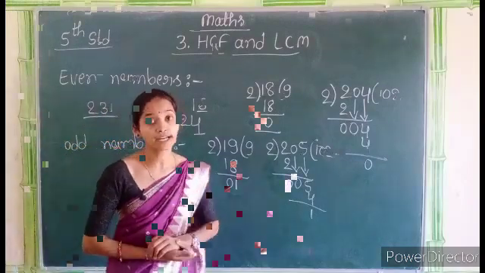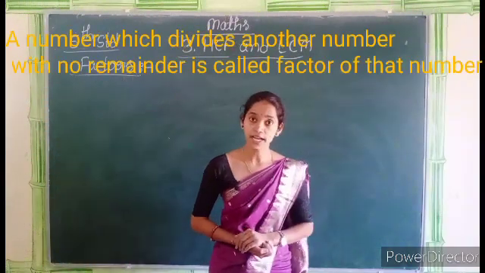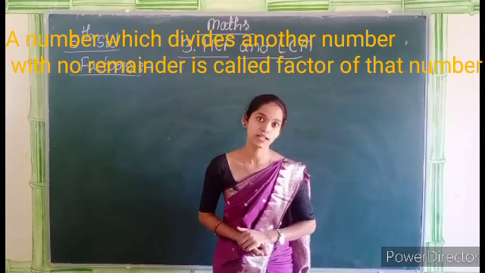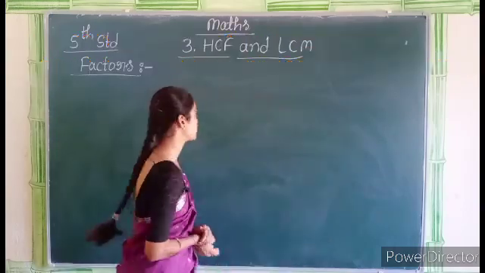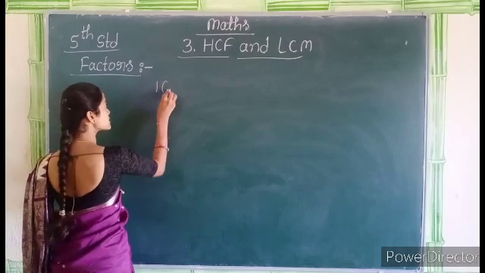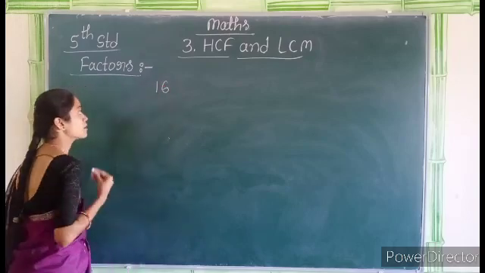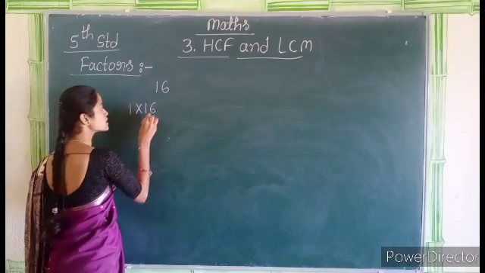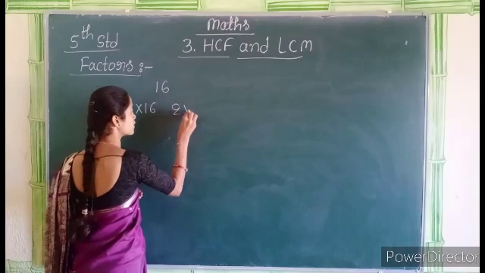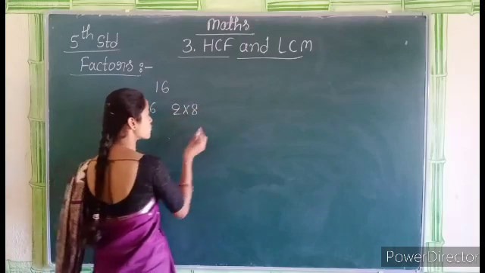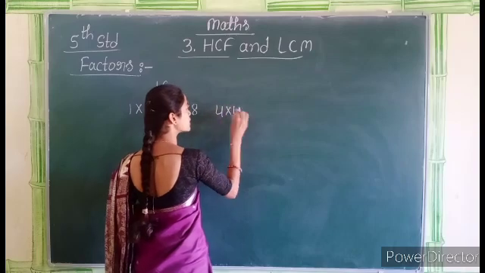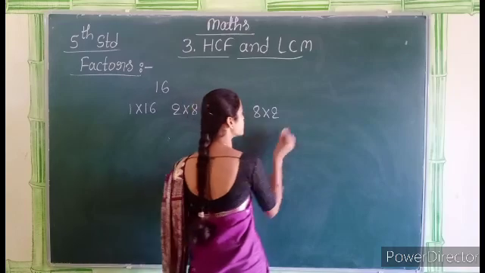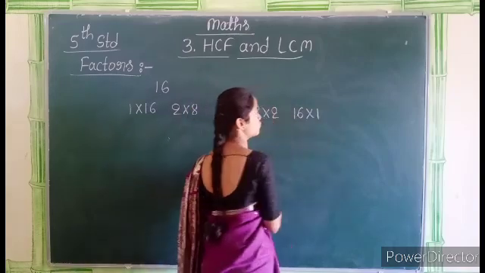Then what about factors? A number which divides another number with no remainder is called a factor of that number. Let us see an example. Here I will consider 16. This 16 can be represented as a product of 1 into 16, then 2 8s are 2 into 8, then 4 4s are 4 into 4, then 8 2s are 8 into 2, then 16 into 1.